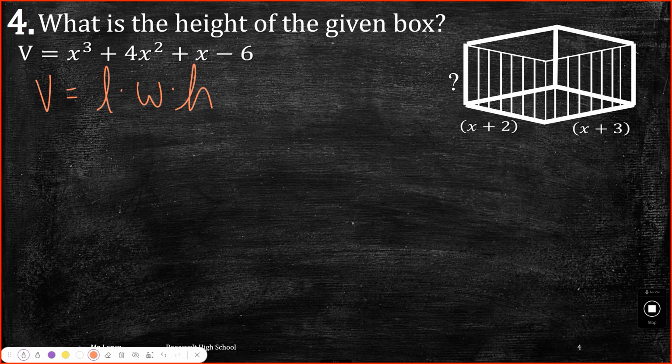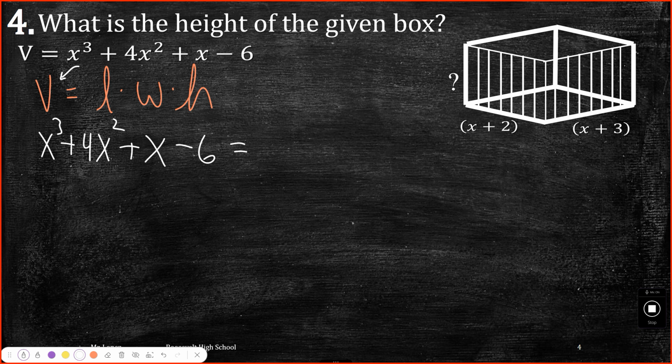That's the formula. So the volume is this third degree polynomial. I'm going to replace that into V. So V is x cubed plus 4x squared plus x minus 6. And that has to equal 2.